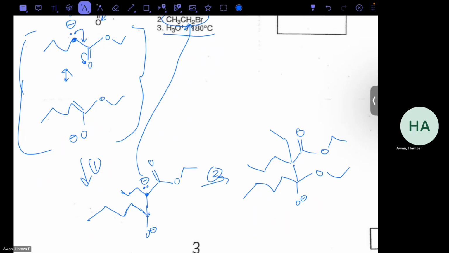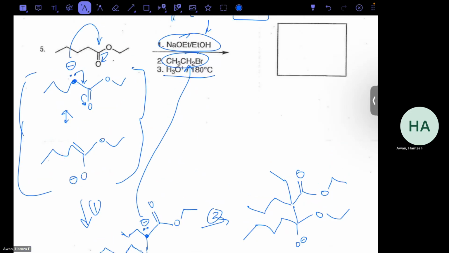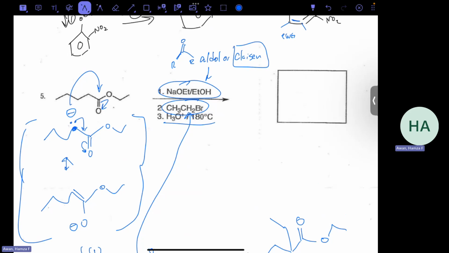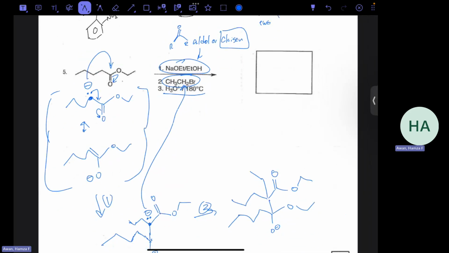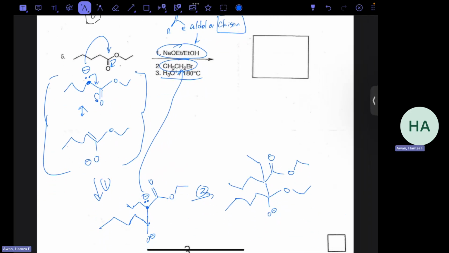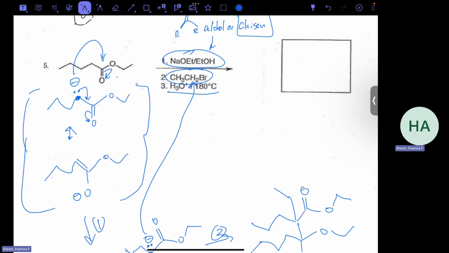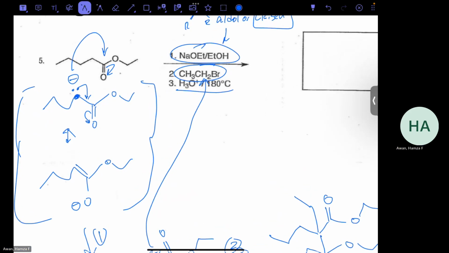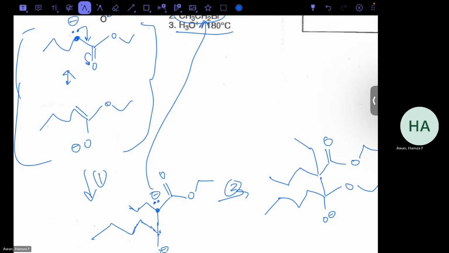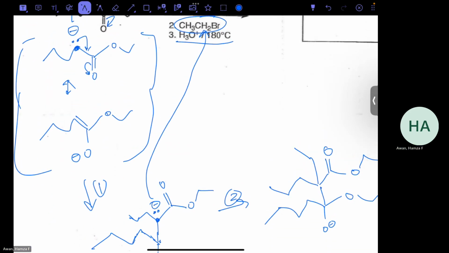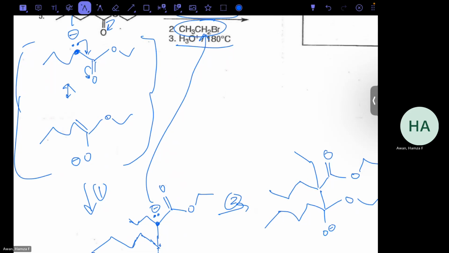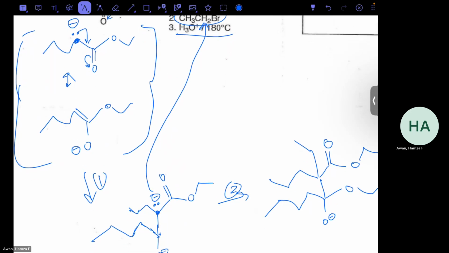Oh, yeah, it has a carbon still. Okay, hold up, let's restart here. Not restart, but let's look at how we did this real quick. Okay. The butyl. How did it do that?